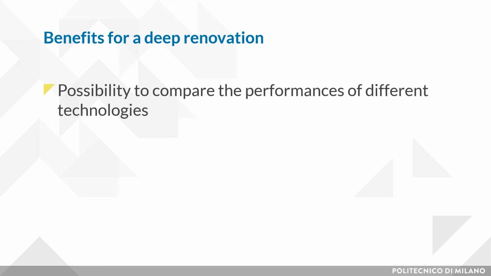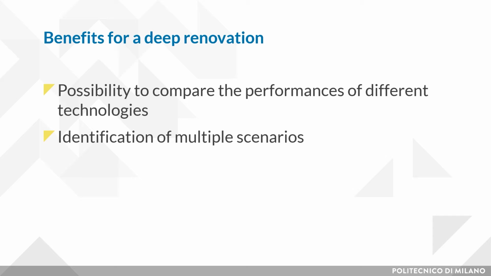Why can we consider a parametric study as strategic for planning a deep renovation? For several reasons. For example, because it allows us to compare the performances of different technical solutions in order to drive the design.